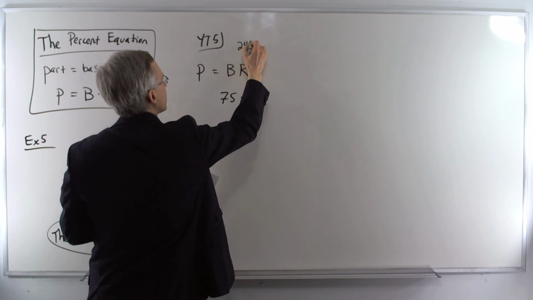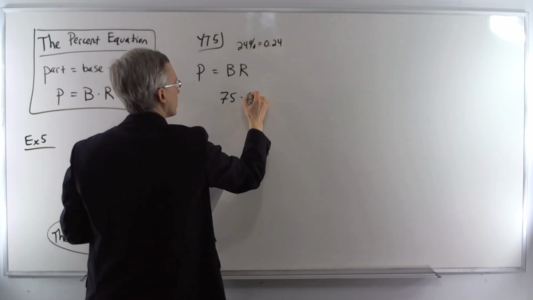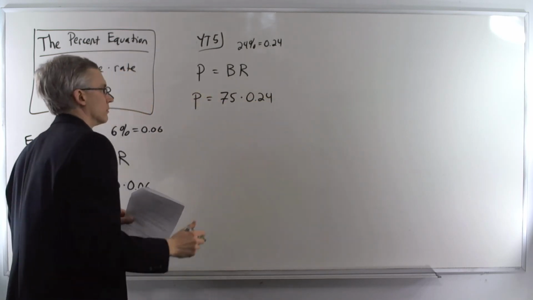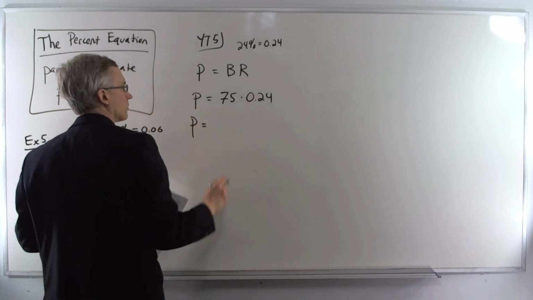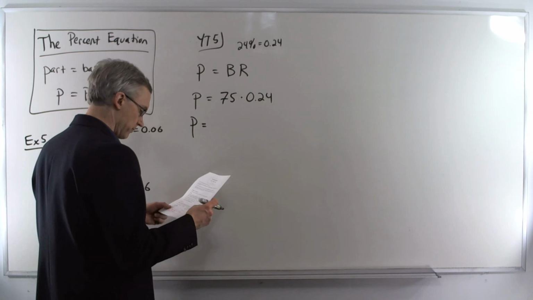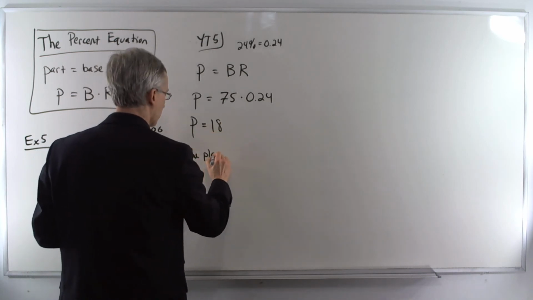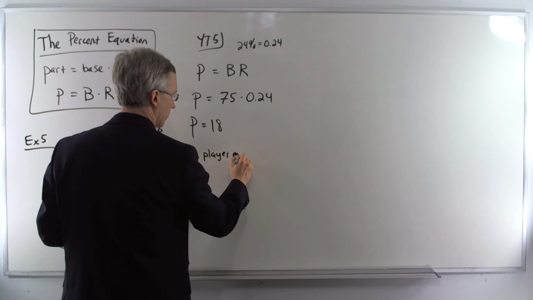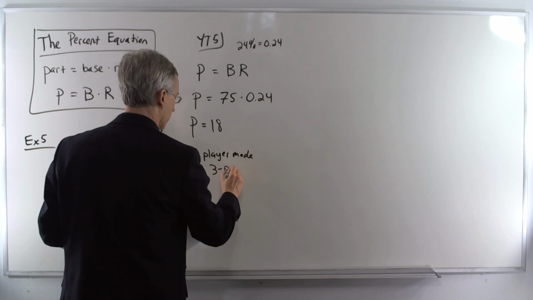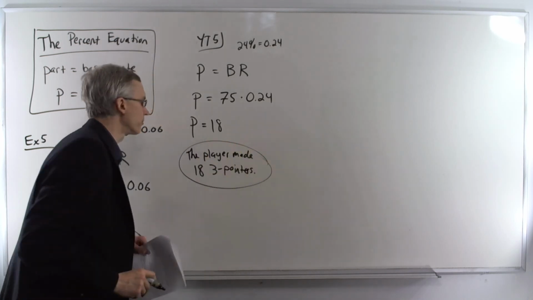So 24% is 0.24. So we'll multiply 75 by 0.24 and get 18. So the player made 18 three-pointers.